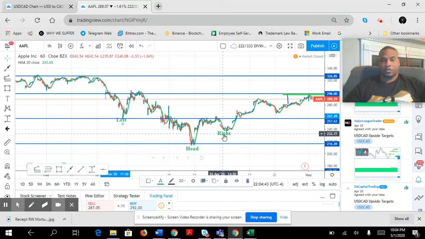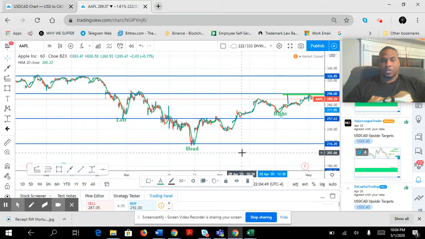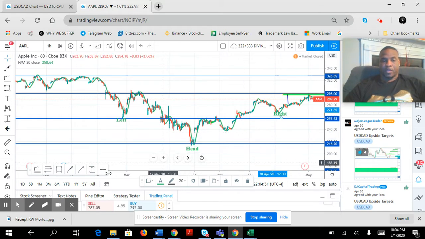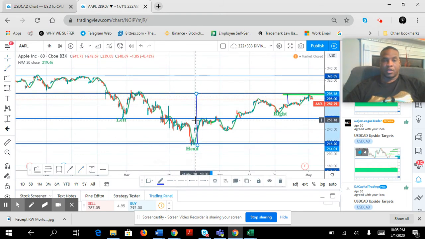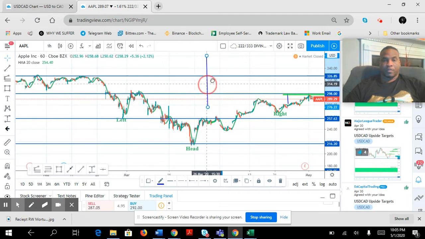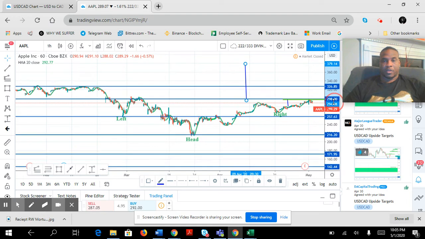A left shoulder. We consider this as a right shoulder. And you possibly could still go from the head to this neckline, and you can move this up. And then we have what? A target up here.